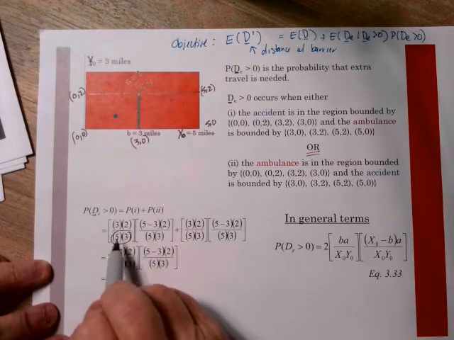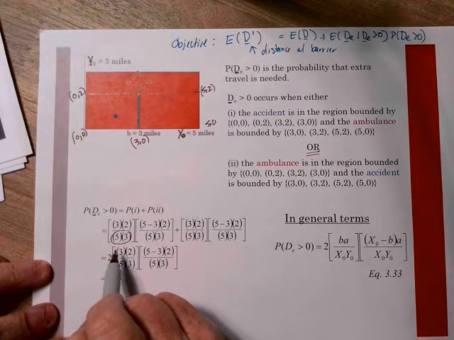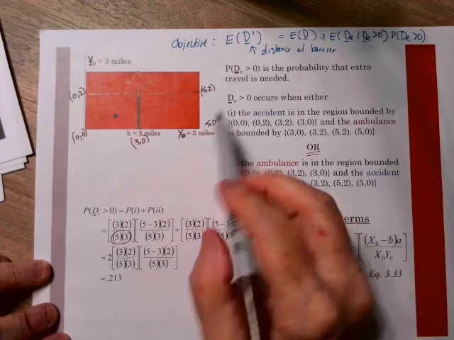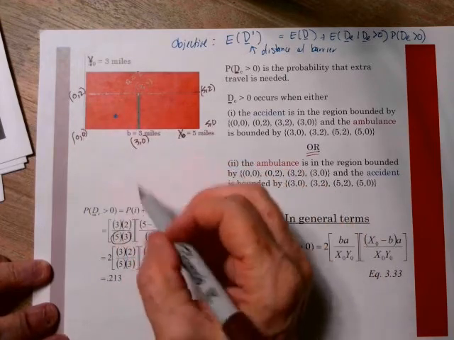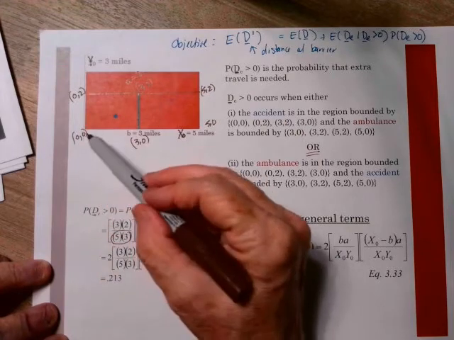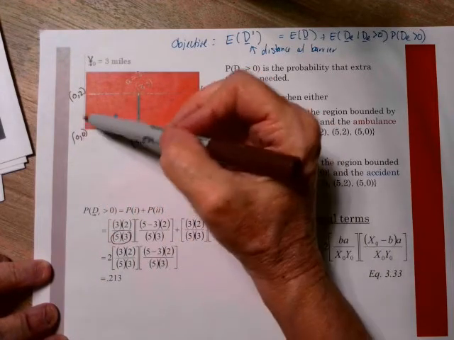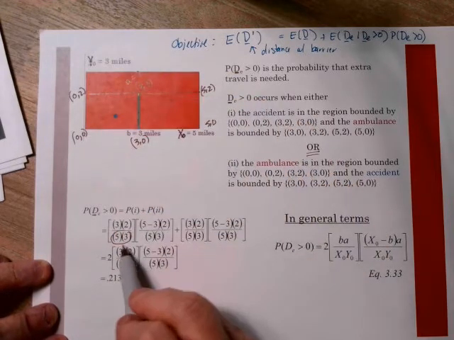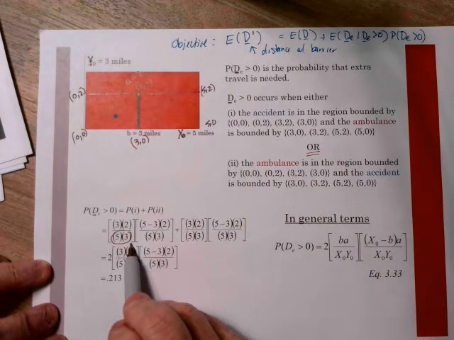So this very first term is going to be the probability that the accident is in this particular region bounded here. So what is the area of this region? Well, it is 3, 0 to 3, times 2, 0 to 2. So we have 3 times 2 over the total area, 5 times 3.